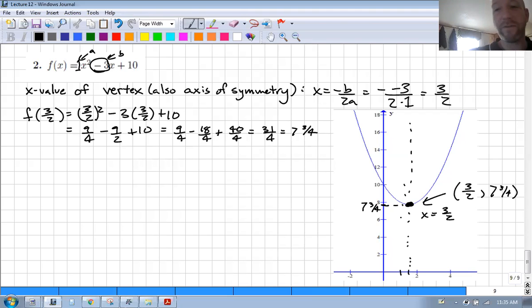All right, so that's how you find your vertex. Since a is 1, which is positive, that means it opens upwards.